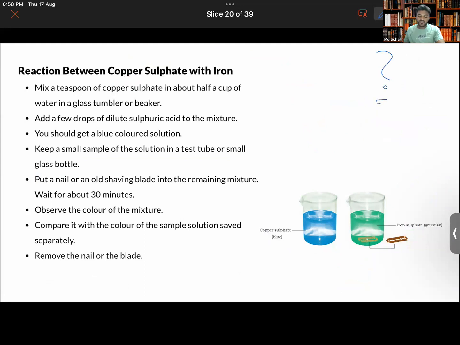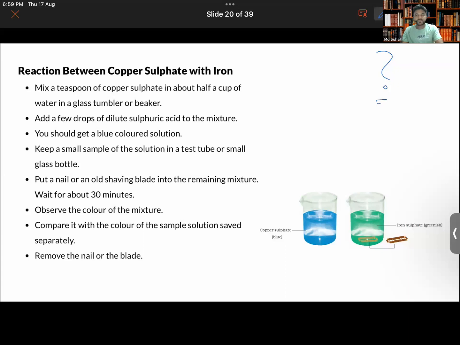Right now, what are the things taking place in this slide? Like, take a beaker, pour some copper sulfate into the half of the beaker of water. Add a few drops of dilute sulfuric acid, I guess. Yeah.